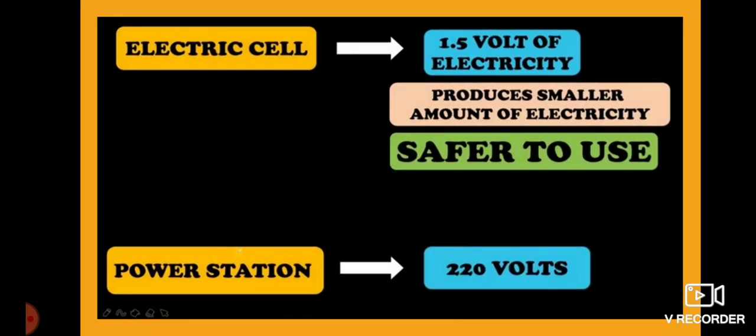Electric cell gives 1.5 volt of electricity. That is a very small amount of electricity and it is very safe to use. But the power stations give us 220 volts. That means the electricity that we are using at our house is of 220 volts. But the electric cells give us only a small amount of electricity, that is 1.5 volt.